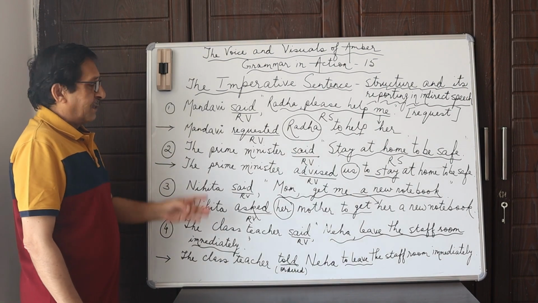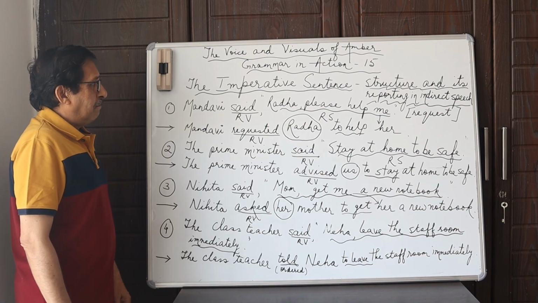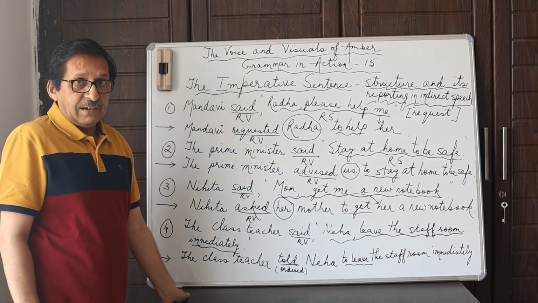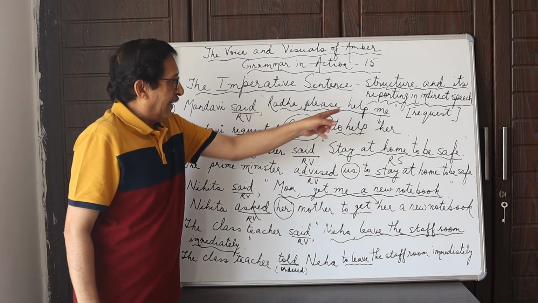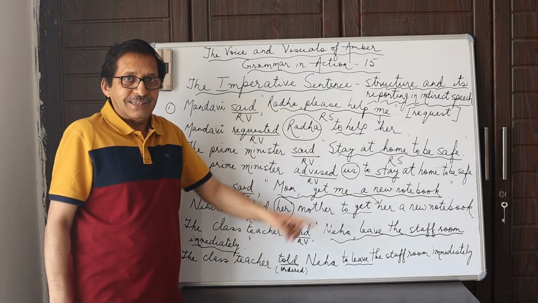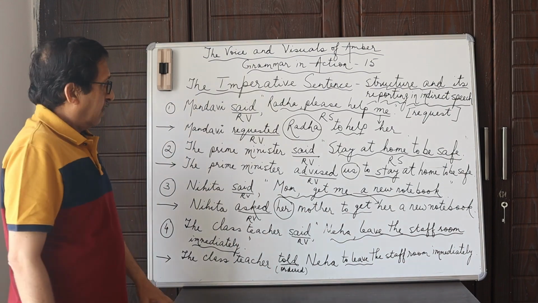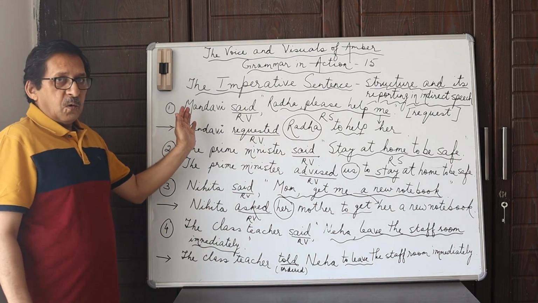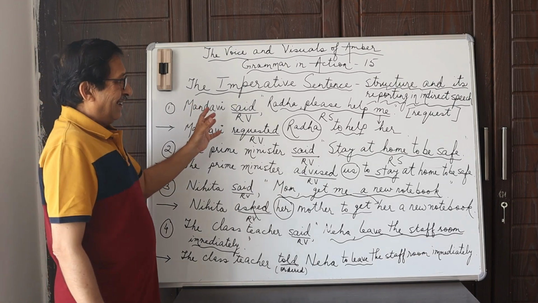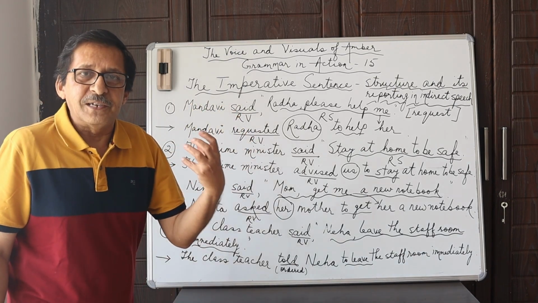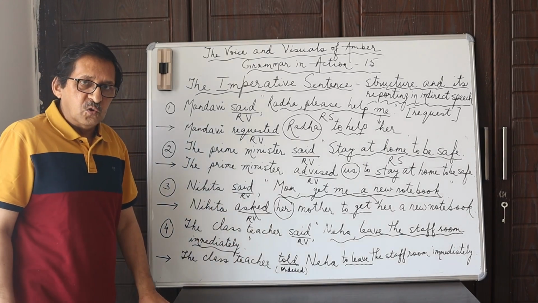Let's begin. Let's look at the first sentence. Mandavi said, Radha, please help me. Now, obviously, the word please indicates it's a request. So, whenever we have a direct speech sentence, somebody's words can be reported in two ways.